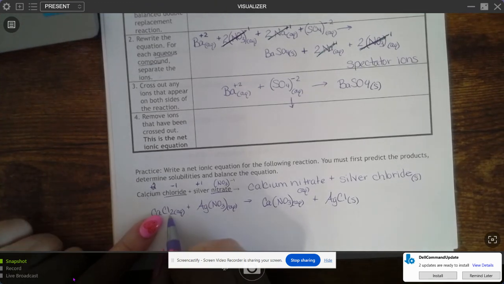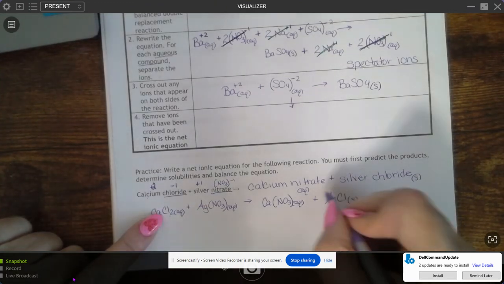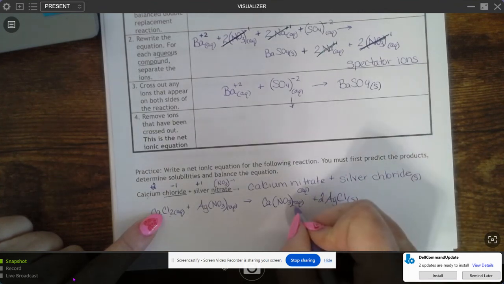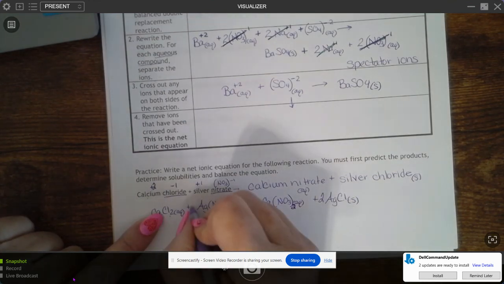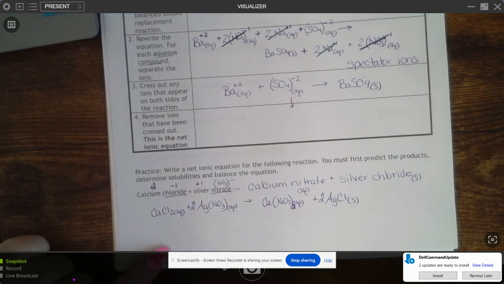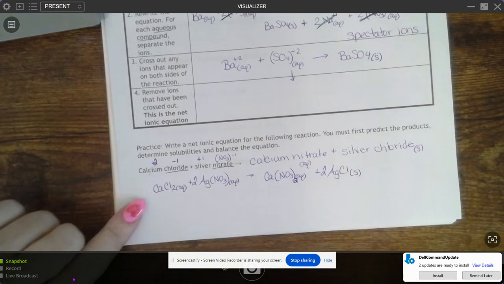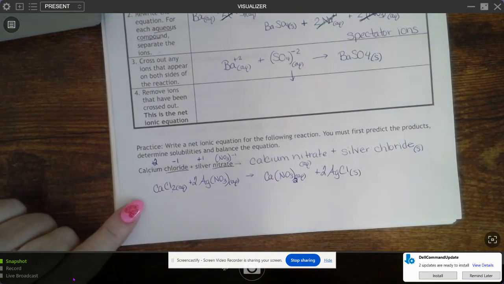We need to balance this. I've got 2 chlorines over here, so if I put a 2 here, that gives me 2 chlorines, 2 silvers. This should have a 2. So now that we've got our balanced chemical equation, we're going to break it down into its ions.